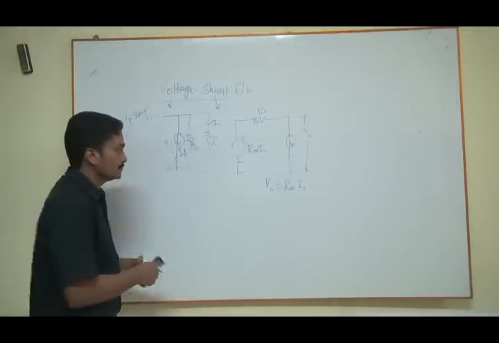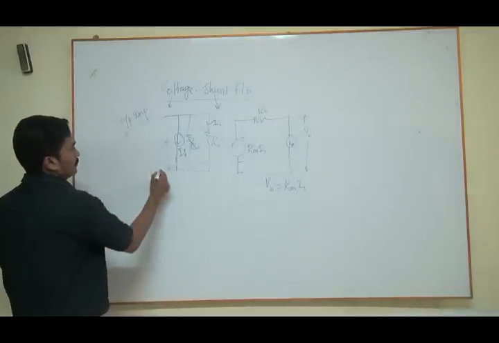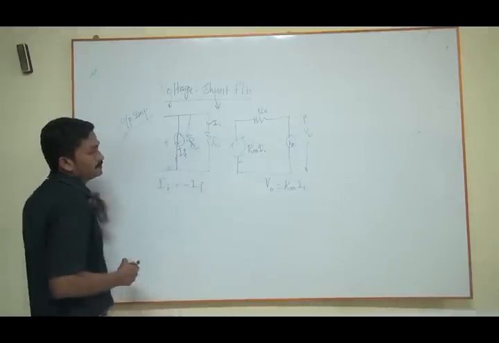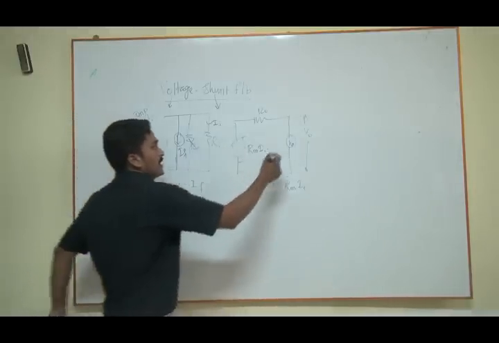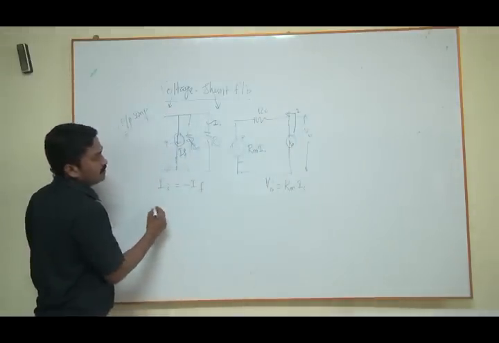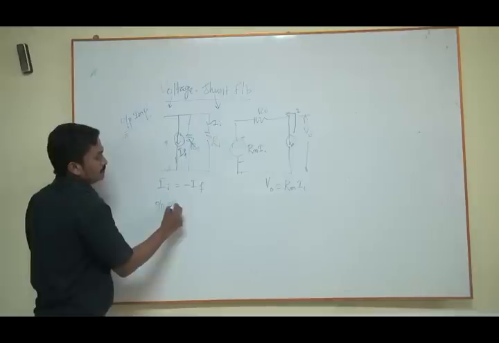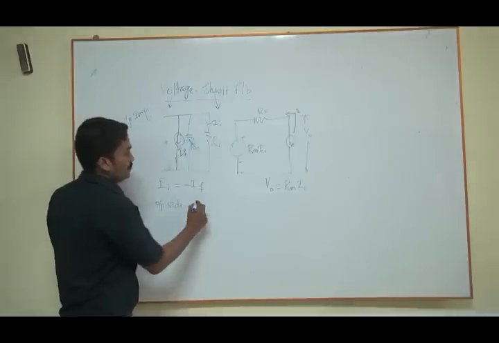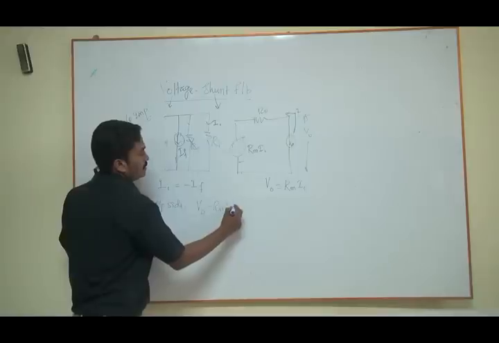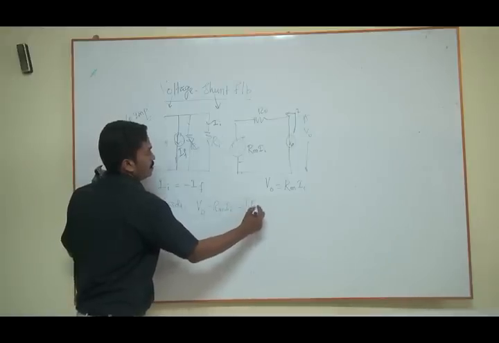So I erase this. So II is equal to minus IF. And again the same, assume current I, then what will happen on the output side? V naught minus Rm II equal to I into R naught.